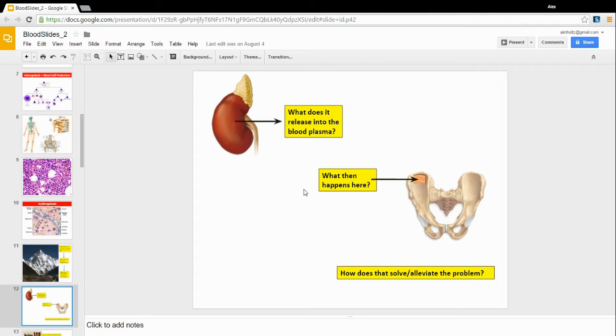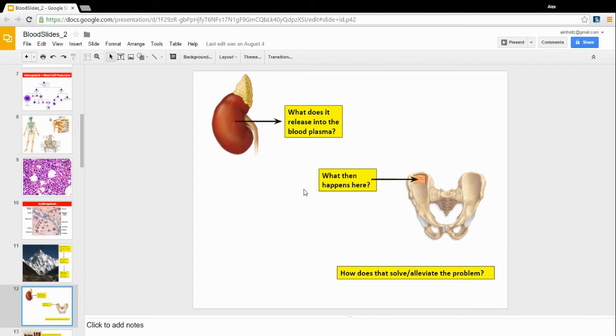In response to a drop in oxygen levels, the kidney releases more of a hormone called erythropoietin, which is sometimes abbreviated EPO.